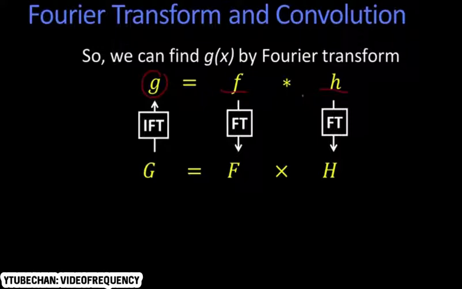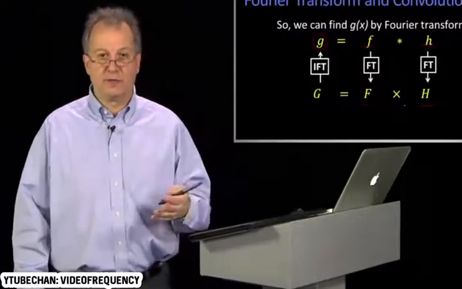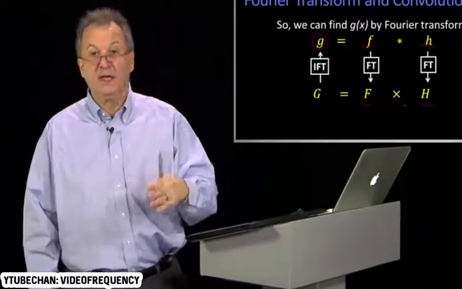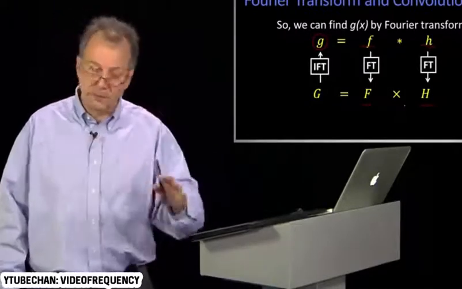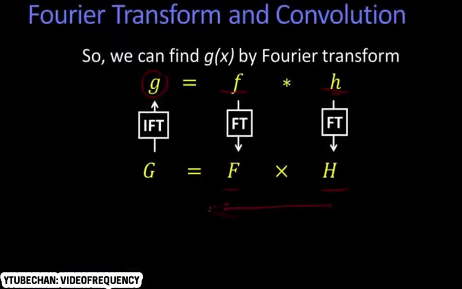Well, what we can do is take the Fourier transform of f and the Fourier transform of h. And there are fast ways of doing the Fourier transform called the FFT, for fast Fourier transform, which we won't talk about. But I can do those Fourier transforms quickly. Then I can multiply those two Fourier transforms together to get the new Fourier transform.